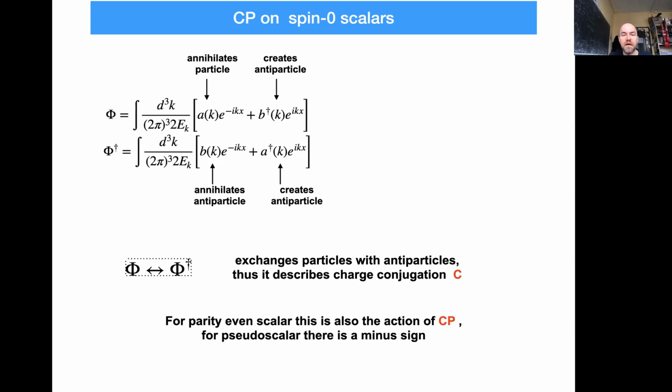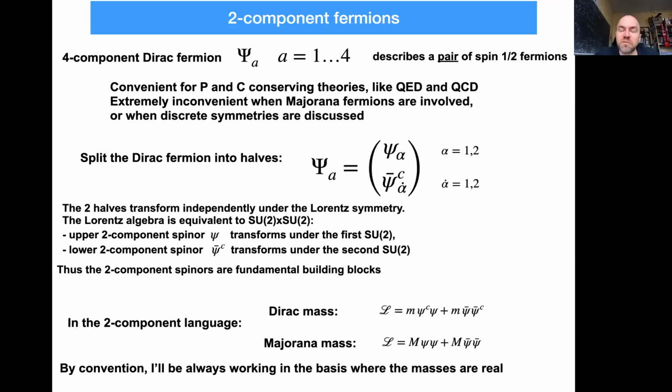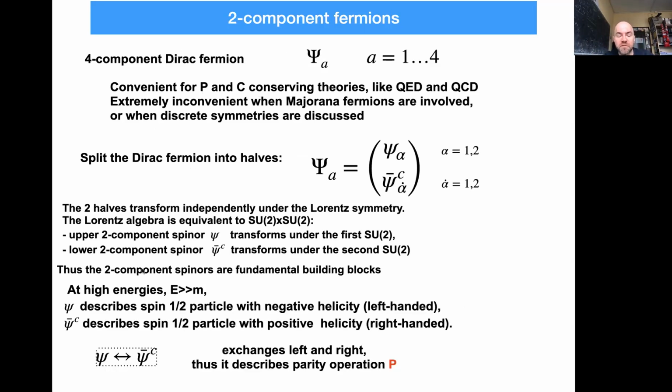So for the fermions, the discussion is a little bit more complicated, and actually part of the complication is due to the fact that we are actually using very inconvenient variables in most of this discussion. People like to use so-called Dirac fermions to describe the fermionic particles.